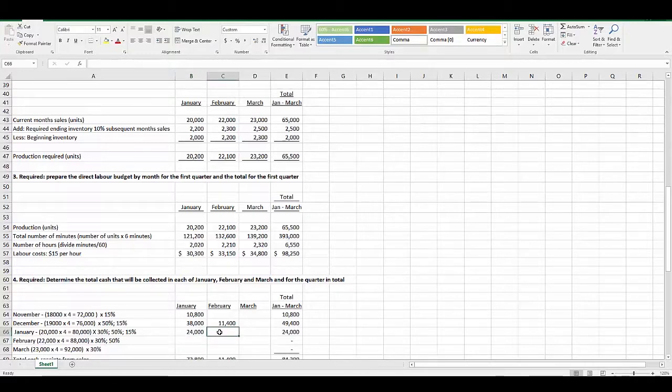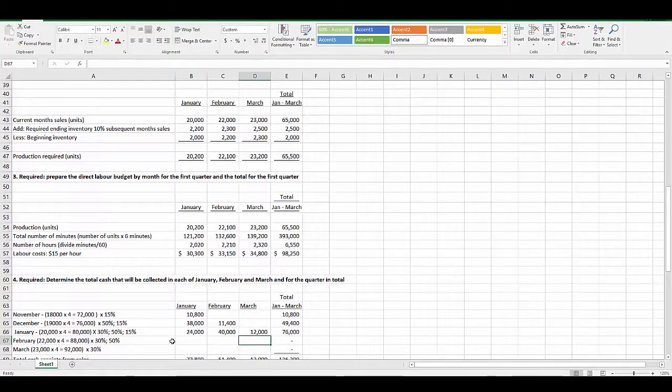You're going to then collect in February 50%, so that's going to be equal to your 80,000 times 0.5 for 50%, 40,000. And then in March, you're going to collect the last amount, which is 15%, so it's 80,000 times your 15%, which is 12,000.